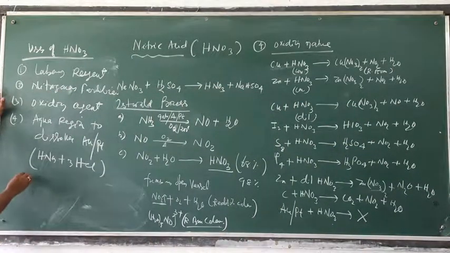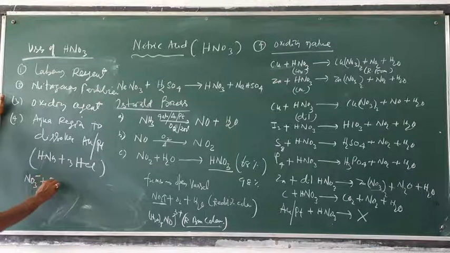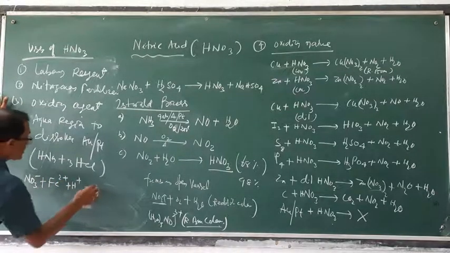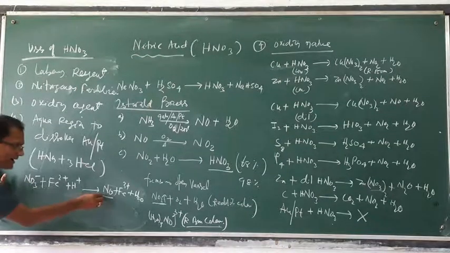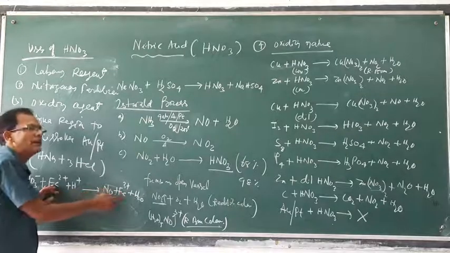Nitric acid produces nitrate ion. When we add ferrous sulfate solution in acidic medium, this nitrate ion undergoes reduction and is converted to nitric oxide, and ferrous ion is oxidized to ferric ion.